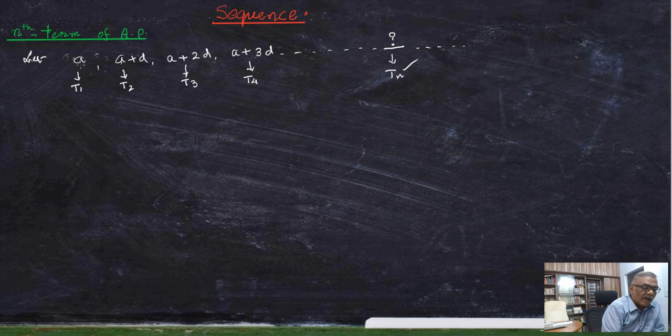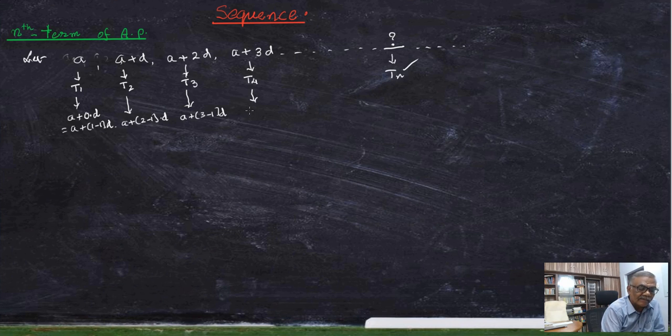Here A, I can write as A plus 0 into D. That will give A only. That I can write here as A plus 1 minus 1 into D. And similarly, A plus D can be written as T2, A plus 2 minus 1 into D. And this is A plus 3 minus 1 into D, which I can write down.